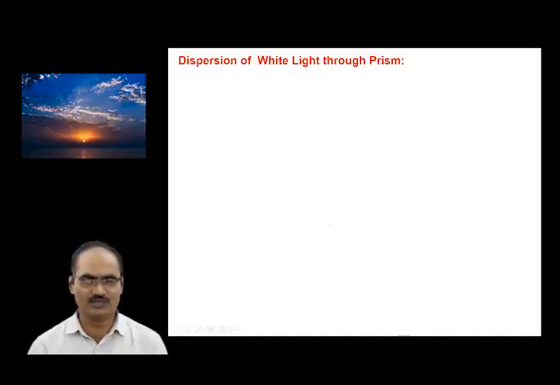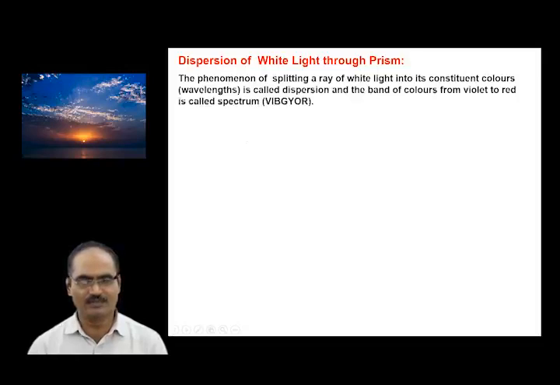The phenomenon of splitting of white light into its different constituent colors is called dispersion of light. This band of colors is from violet to red, that is VIBGYOR: violet, indigo, blue, green, yellow, orange and red.